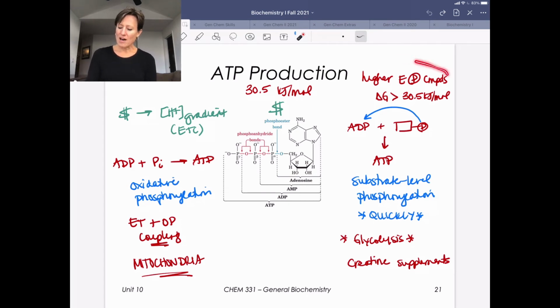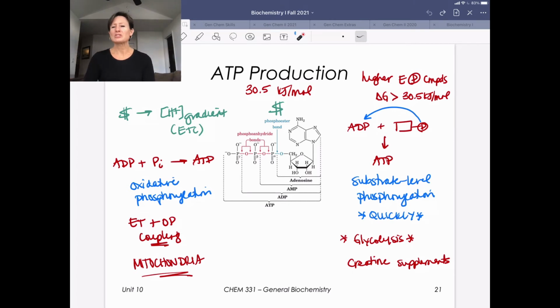When we have higher energy compounds, those that are worth more than 30.5 kilojoules per mole that are phosphorylated, they can actually donate their own phosphate to ADP to make ATP. This process is called substrate level phosphorylation. This occurs quickly. It can occur in different areas of the cell, cytosol or mitochondria, but we learned about it generally here with glycolysis.